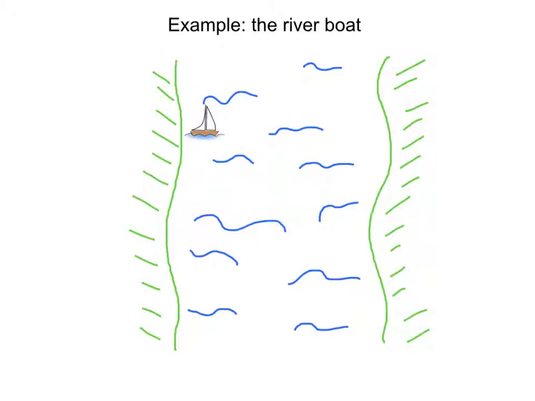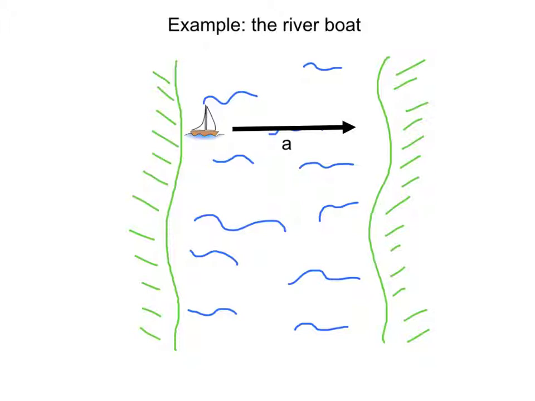So if you followed that, here's a simple example to show you some vectors in real life. So this is the riverboat problem, and we've got our little boat and it wants to cross this river. So it sets off to try and cross straight across the river.